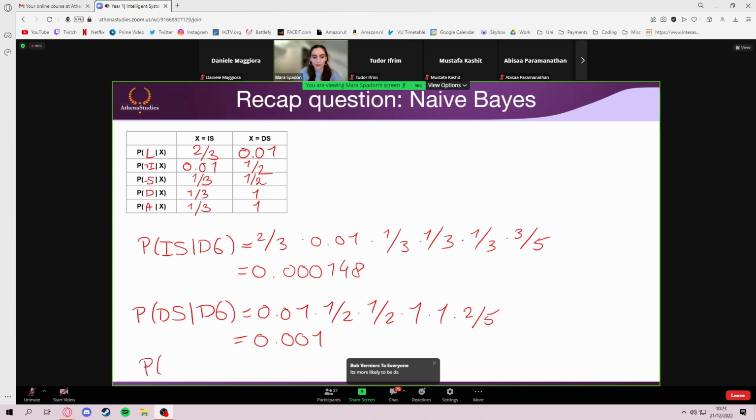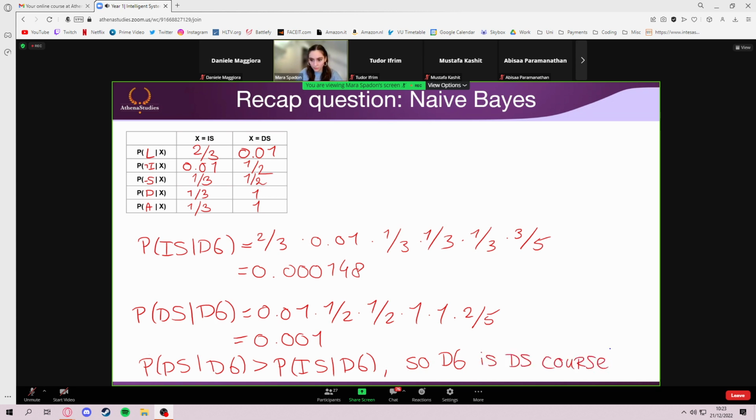So we know that DS given D6 has a higher probability than IS given D6. So D6 is from the DS course. Exactly.